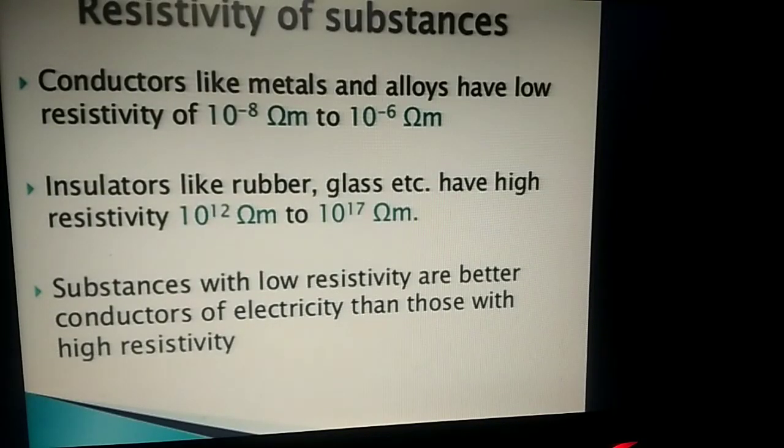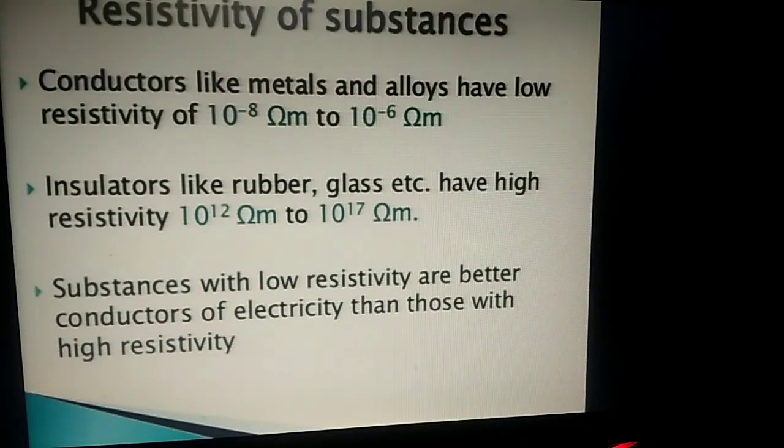Resistivity of substances. Conductors like metals and alloys have low resistivity, which is 10 to the power of minus 8 ohm meter to 10 to the power of minus 6 ohm meter. Insulators like rubber, glass, etc. have high resistivity, which ranges from 10 to the power of 12 ohm meter to 10 to the power of 17 ohm meters.